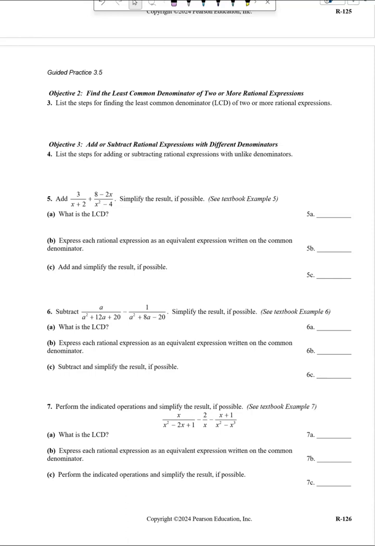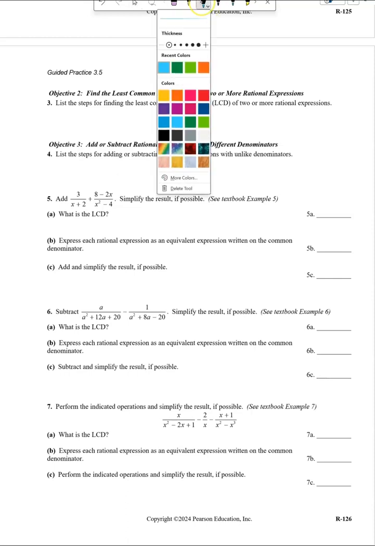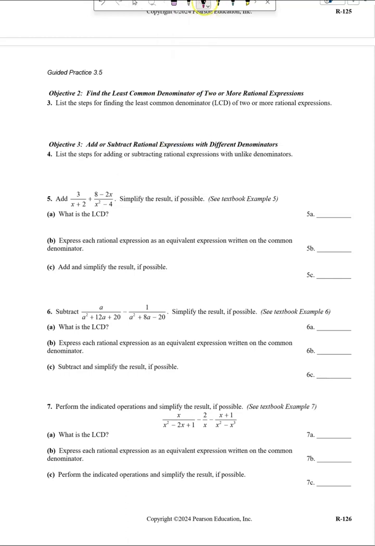So we're going to list the steps for finding the least common denominator. I listed it my way, so they're stuck with my steps, I guess. To find the least common denominator, I always factor completely. What I mean by that is I list it in prime factored form. So I just said number 1, factor completely, and then I put prime factored form.